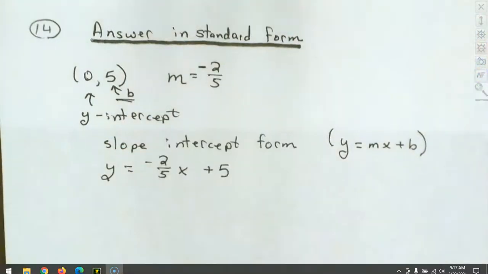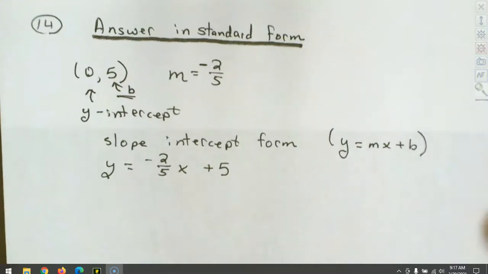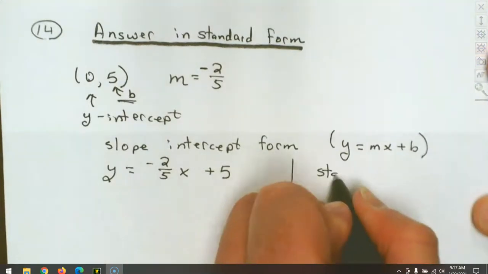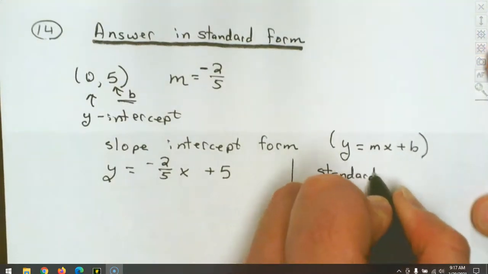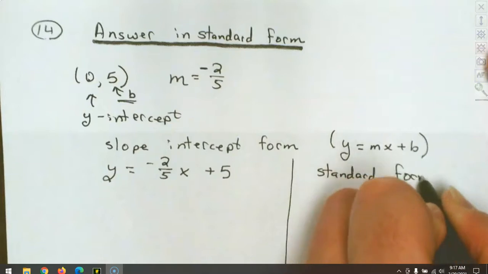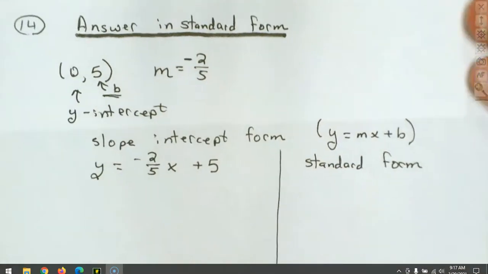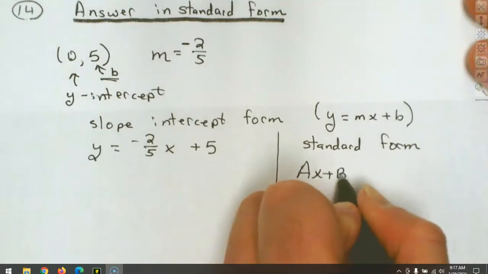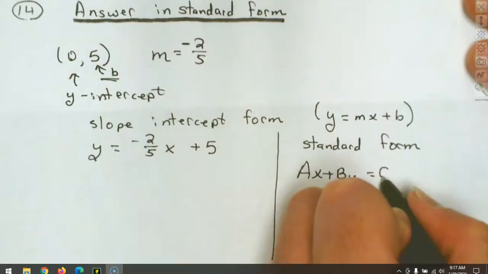Standard form. Now, in standard form, can we have any fractions? No. And let's just write up quickly what the standard form is, so we remember what it looks like. We covered this a little bit last time. Standard form is ax plus by equals c.